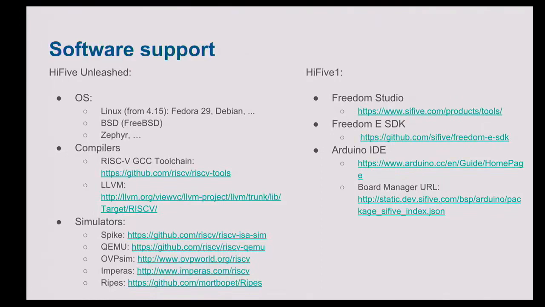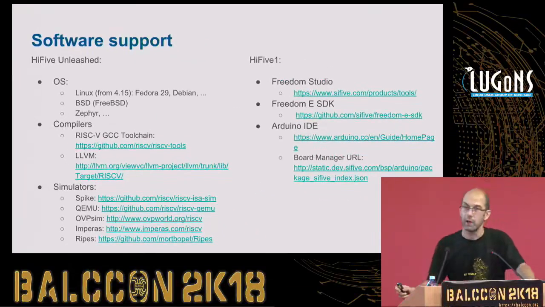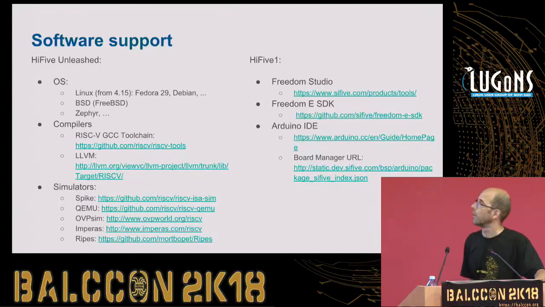Most of the other software runs on this platform. Actually, Linux from version 4.15 has mainline support for RISC V. Fedora 29 has support for RISC V. Debian has about 80% of packages translated.